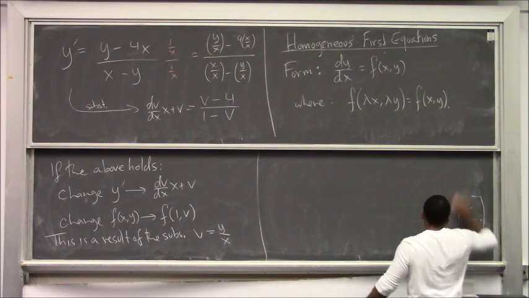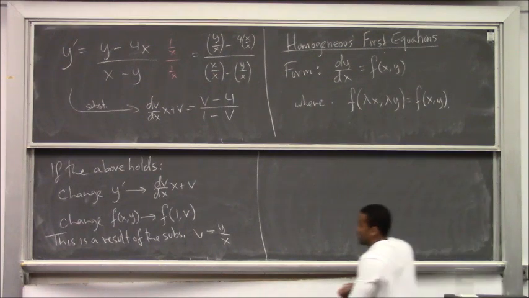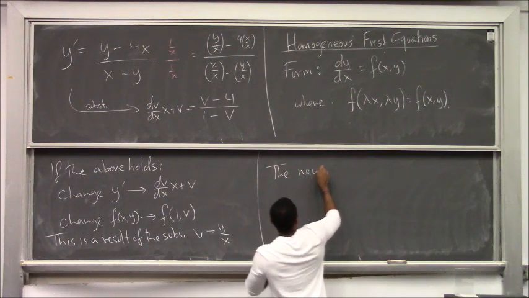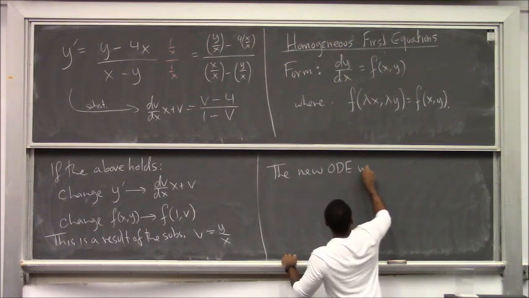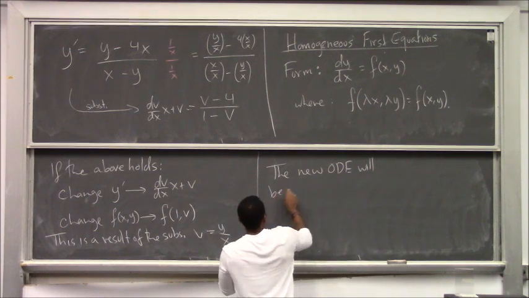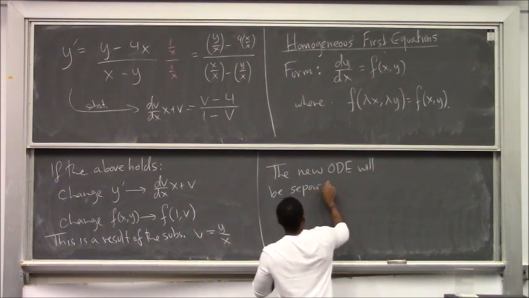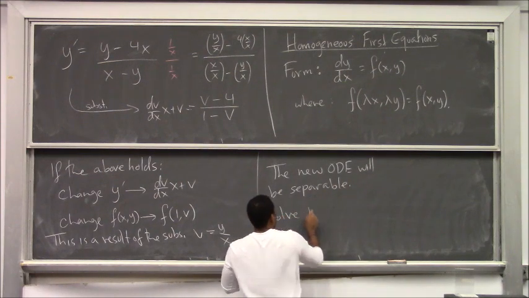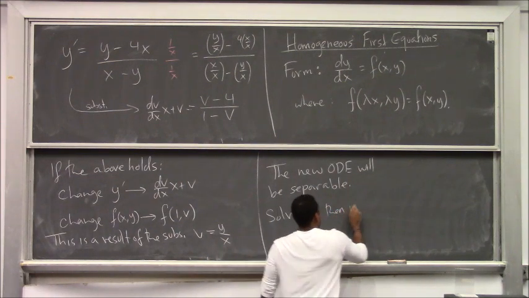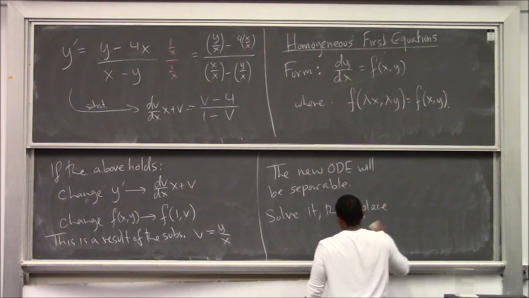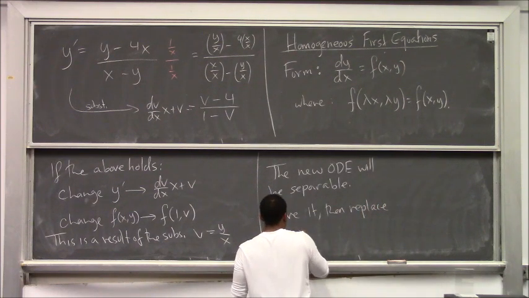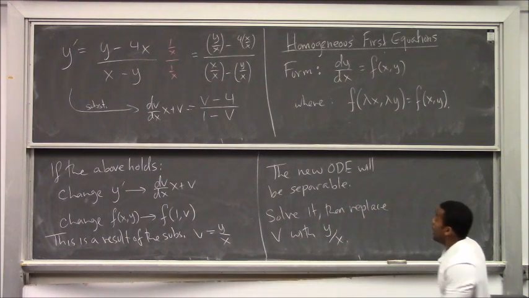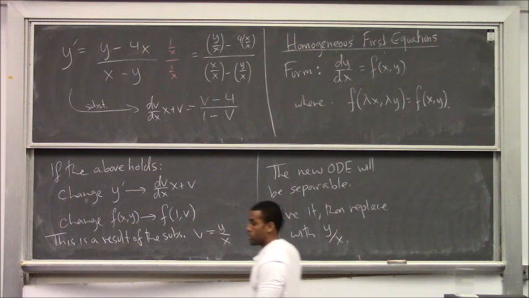It will always be separable every single time. The new ODE will be separable. Solve it. Then replace your v's with y over x. That covers the first order homogeneous equation.